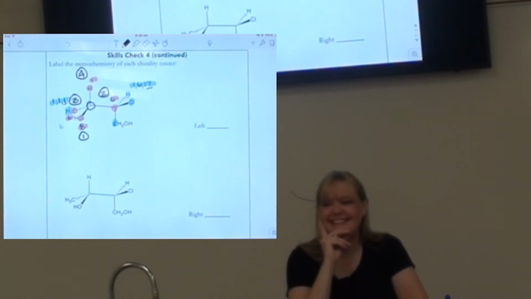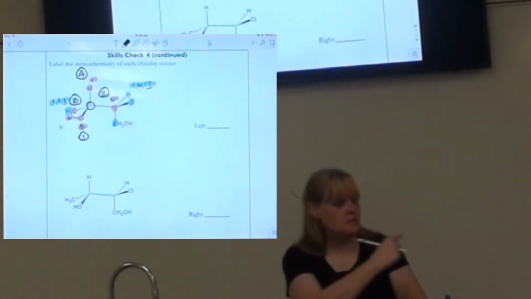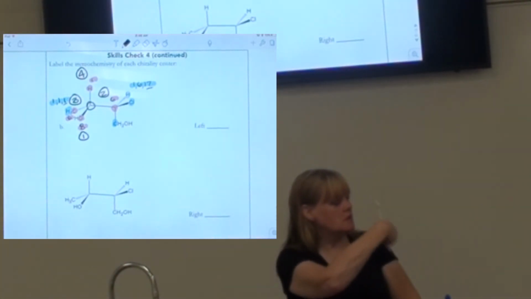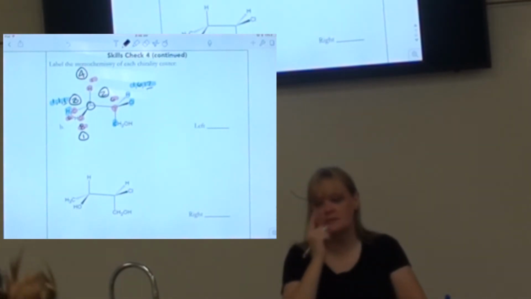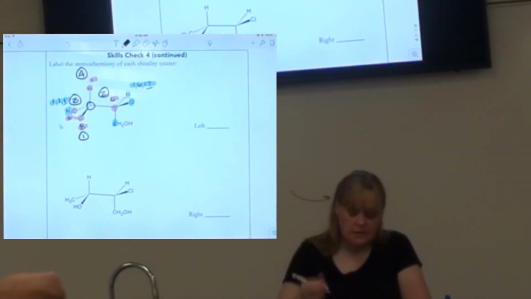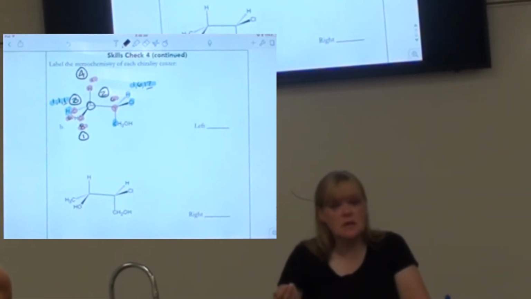This way? If it's shifting this way, it's S, right? So if it's going counterclockwise, it's S. Okay, this has the same issue as before.